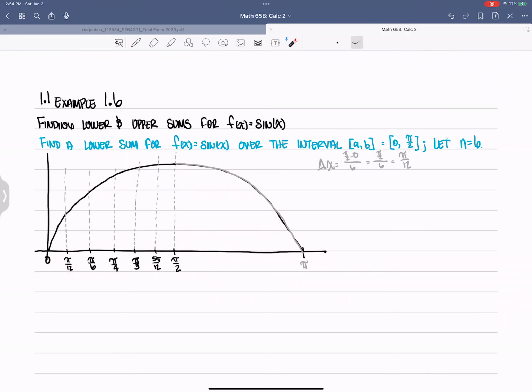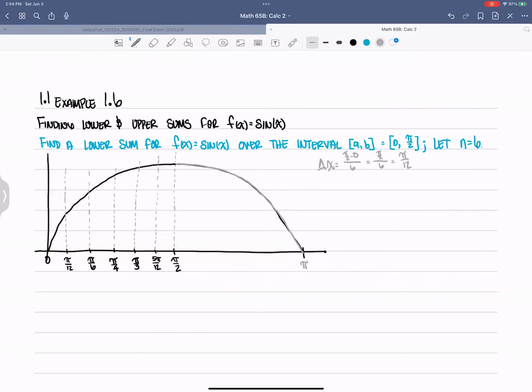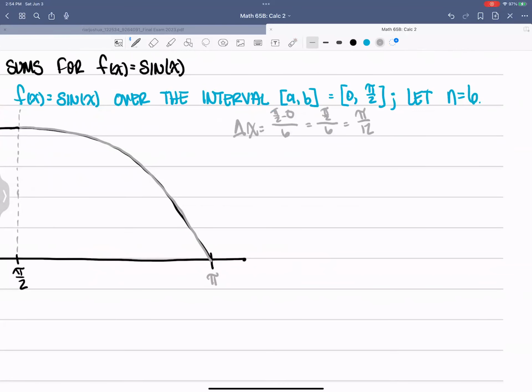So lower is left. Lower sum for this problem is going to be the left end. Notice that it was backwards in the last one, where the lower sum was the right. Lower sum is the left here.